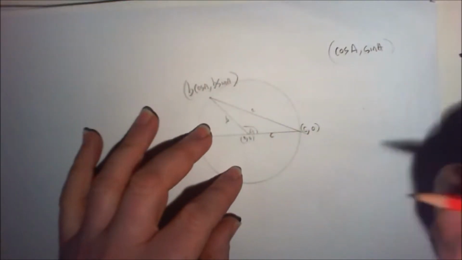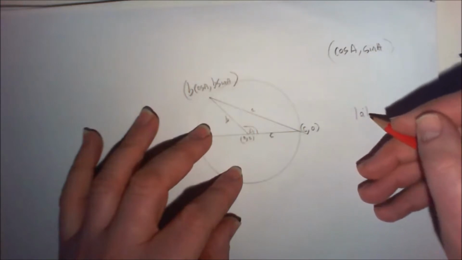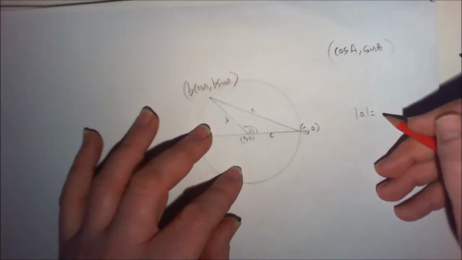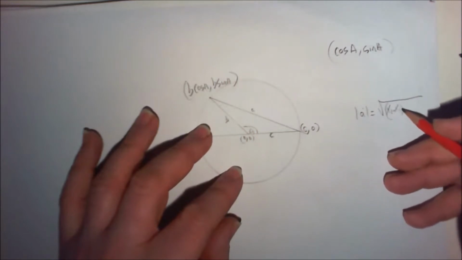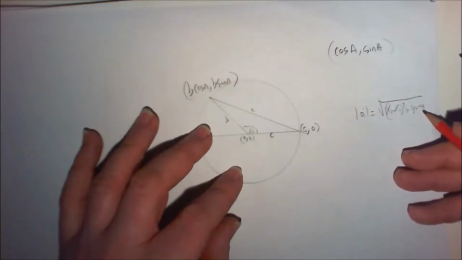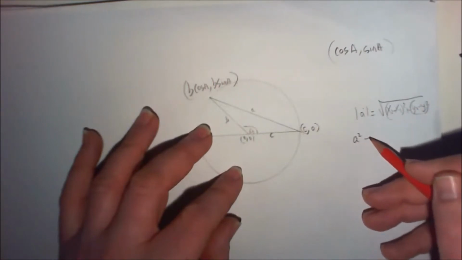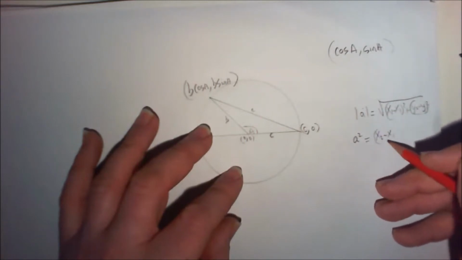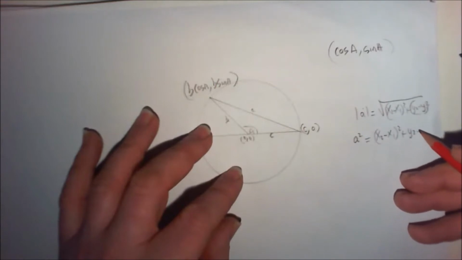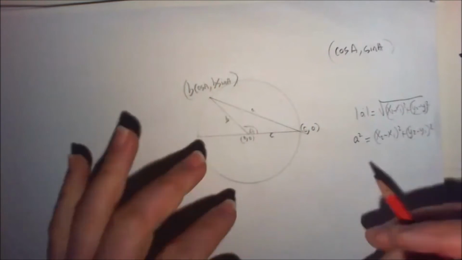Because coordinate geometry tells us that the length of A is going to be equal to the square root of (x2 minus x1) squared plus (y2 minus y1) squared, which means that A squared is equal to, just get rid of the root, (x2 minus x1) squared plus (y2 minus y1) squared. So let's put them in and figure it out.